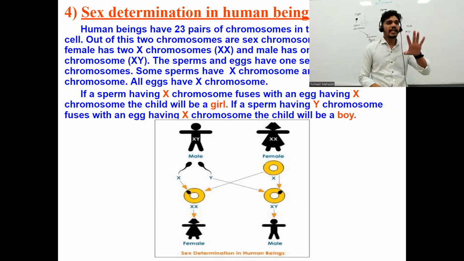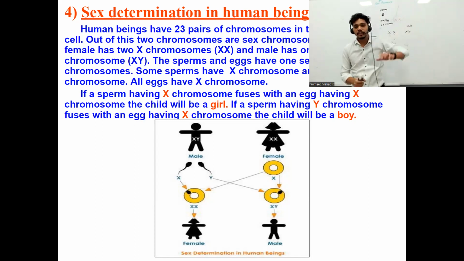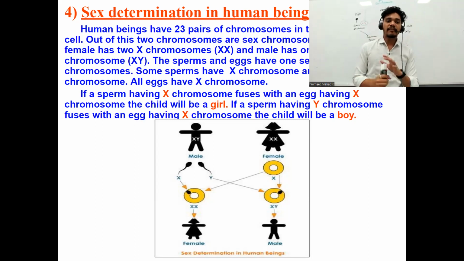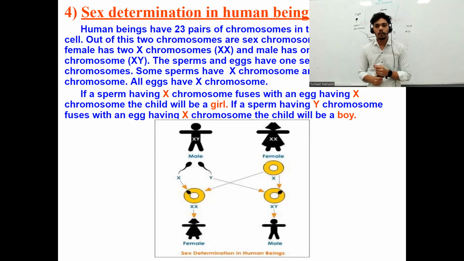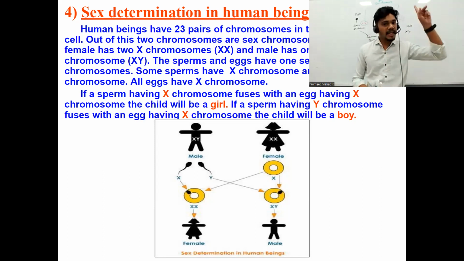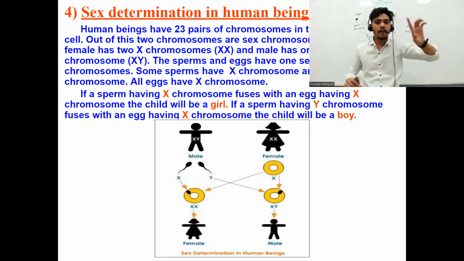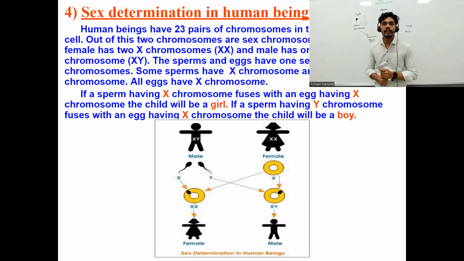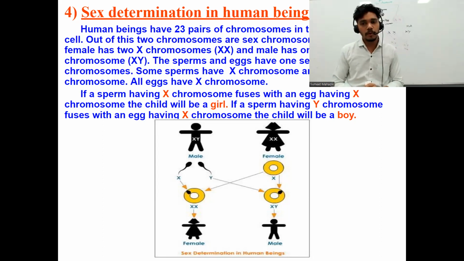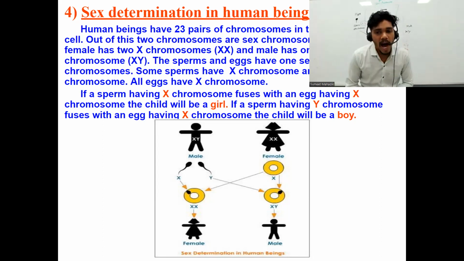Now whatever we have discussed, I'm going to read that. Human beings have 23 pairs of chromosomes in the nucleus of the cell. Out of these, 2 chromosomes are sex chromosomes, X and Y. The female has X chromosomes, that is XX. Male has X and Y chromosomes. The sperm and the eggs have half the set of chromosomes. Some sperm have an X chromosome while other sperm have a Y chromosome.